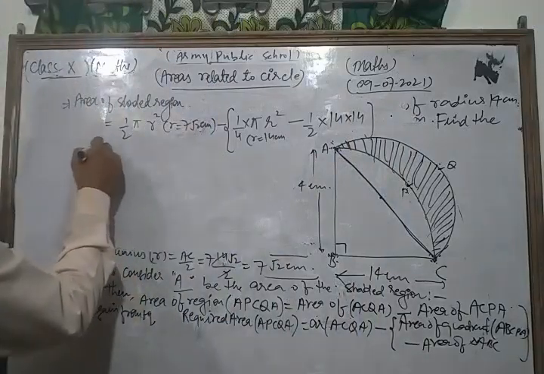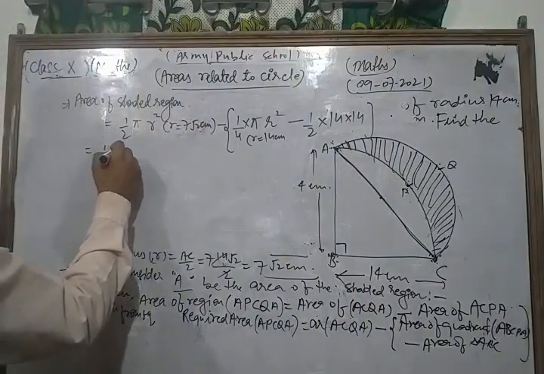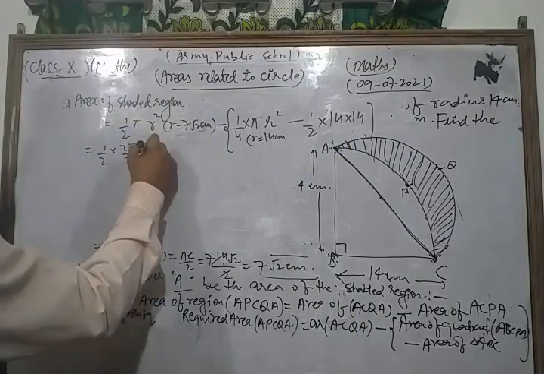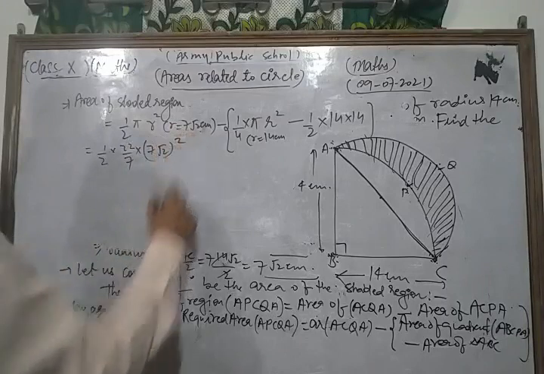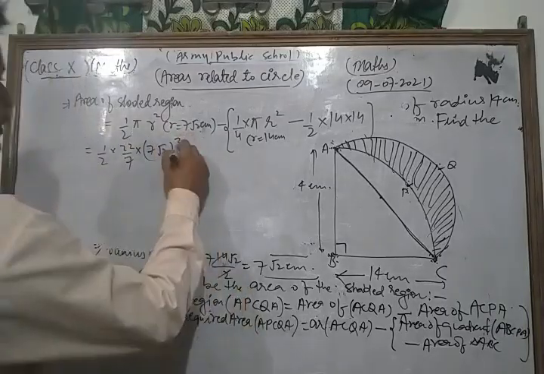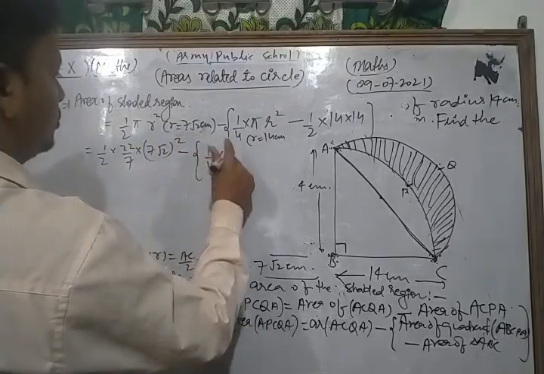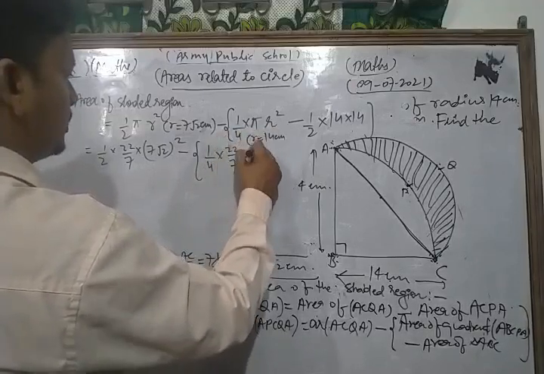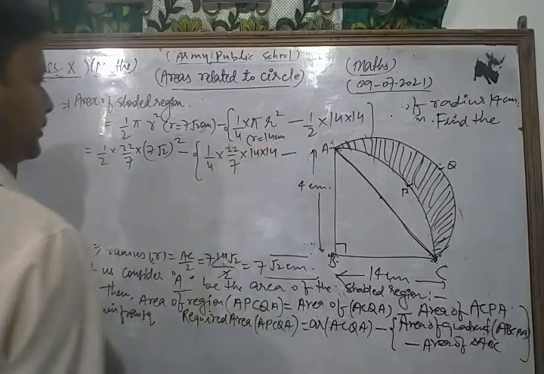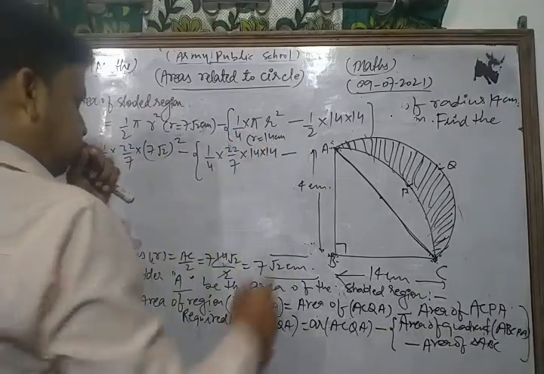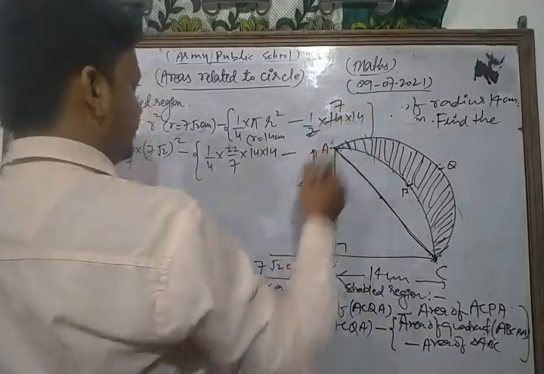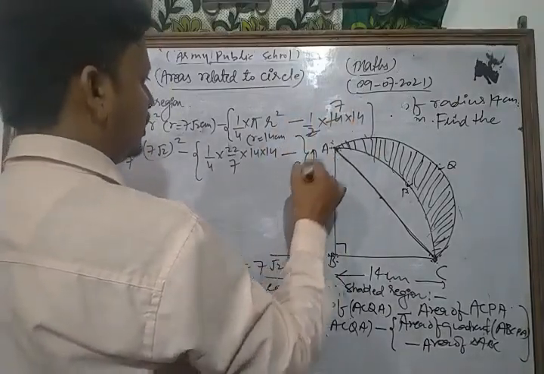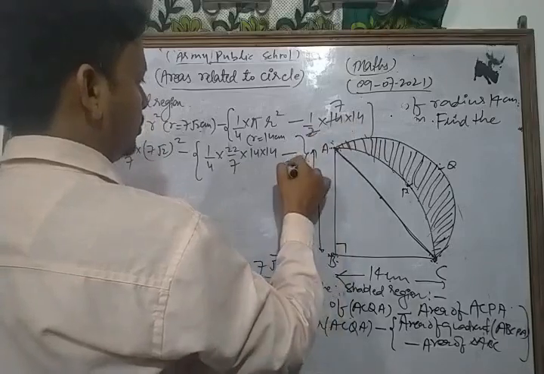Now look, this is 1 upon 2, this is 22 upon 7 into r, which is 7 under root 2 whole square, minus 1 upon 4 into pi is 22 upon 7 into r square, means 14 into 14, minus 1 upon 2 into 14 into 14, that is 98.